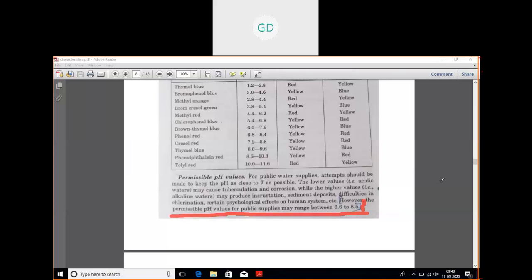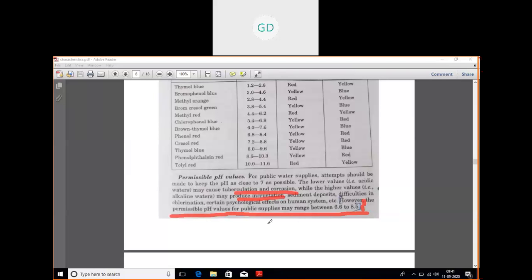That pipe might cause incrustation. You see here one word is here, incrustation will happen. Or sorry, if the water is acidic, then corrosion will happen in that pipe. And if the water is alkaline, it will produce incrustation.